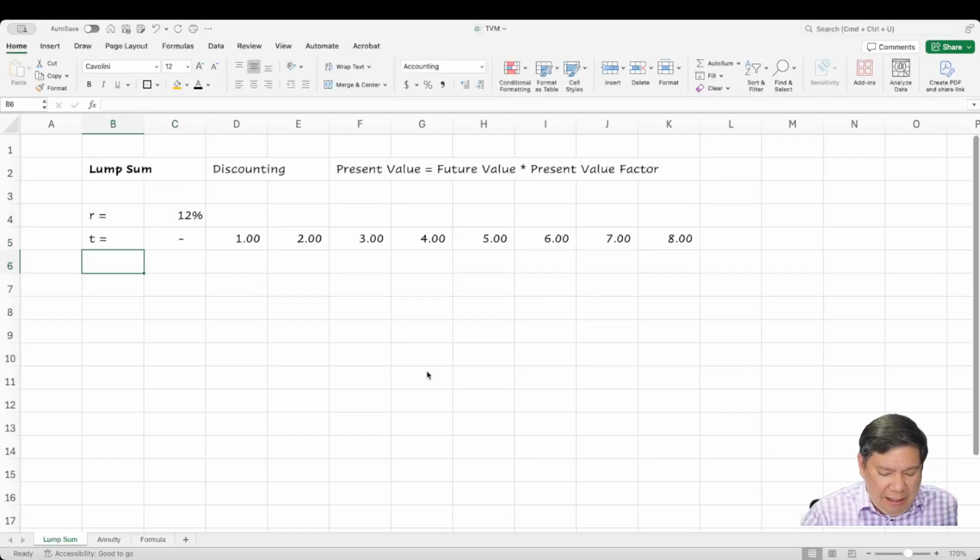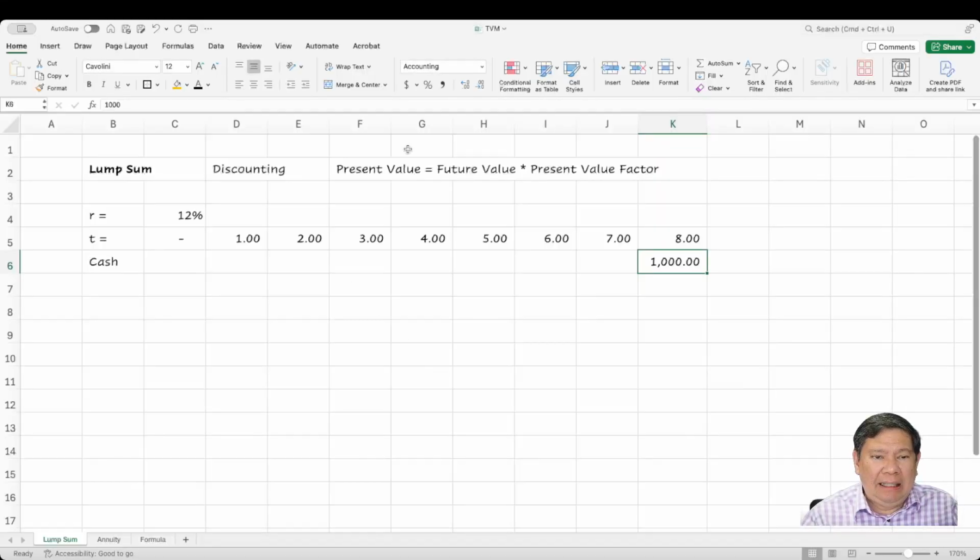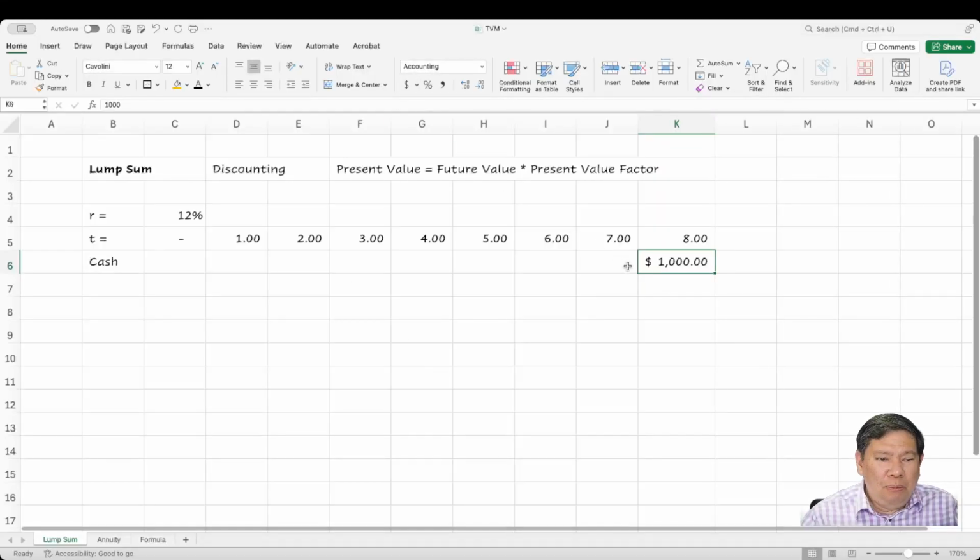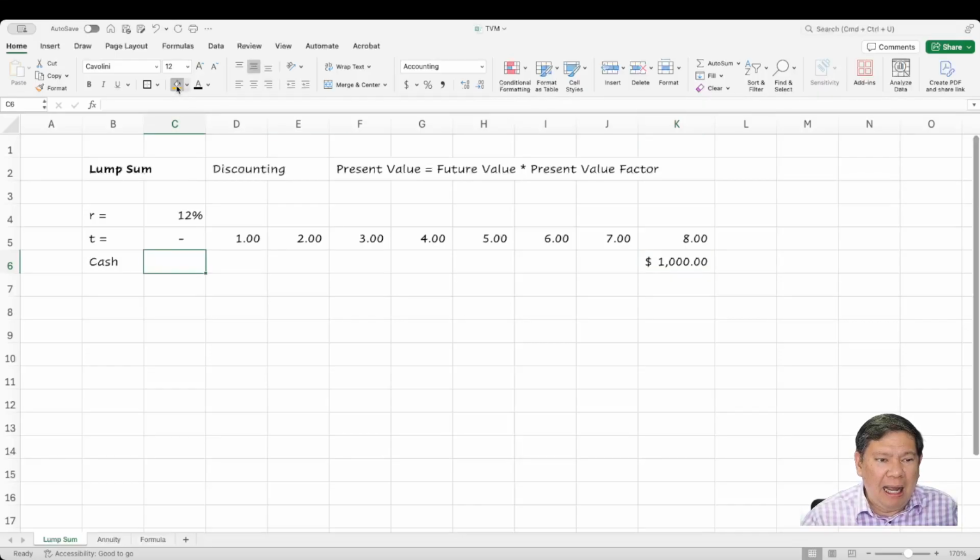If we have, let's say, $1,000 8 years from now, what we want to know is what is the equivalent value, what is the present value of that $1,000 in the future, 8 years from now. This is what we call the present value.